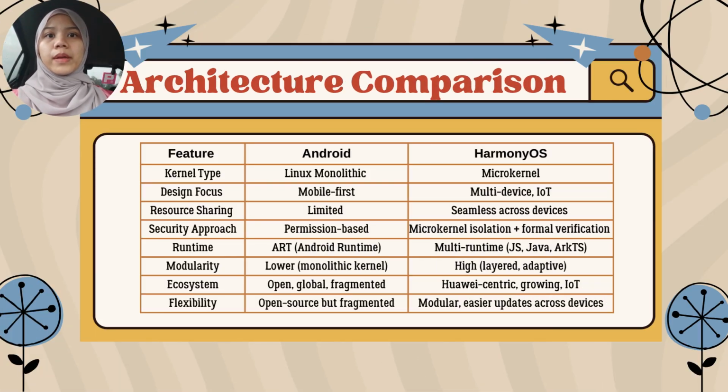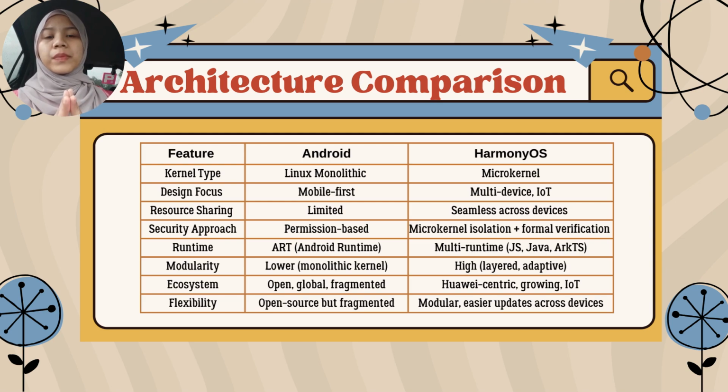This slide compares the architecture of Android and HarmonyOS. Android uses a Linux monolithic kernel and is designed mainly for mobile devices. HarmonyOS, in contrast, uses a microkernel architecture and focuses on multi-device and IoT environments. In terms of resource sharing, Android has limited capabilities, while HarmonyOS allows seamless sharing across devices.